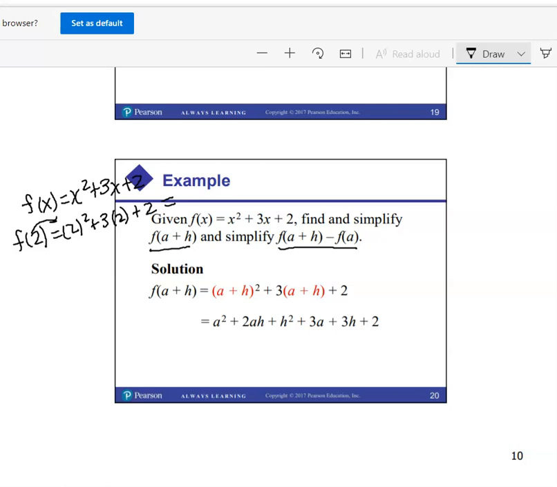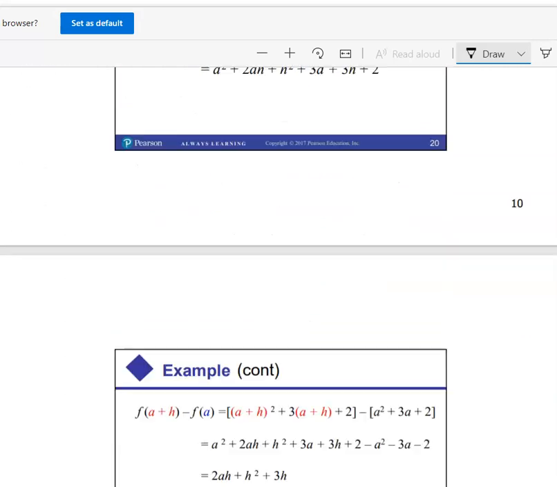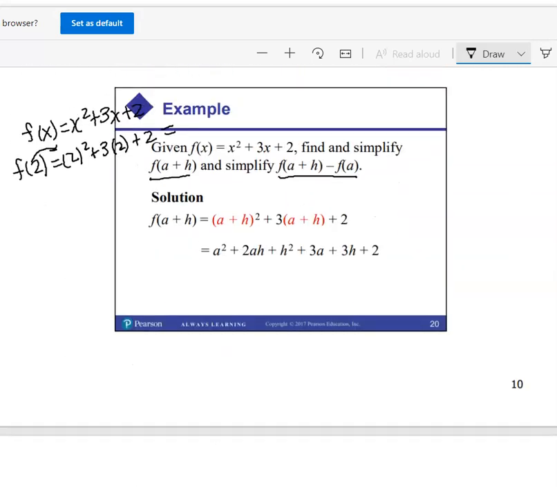I'm going to scoot down here just so I have a little bit more room. When we work this problem, if we have f of a plus h, and we're trying to figure out what x squared plus 3x plus 2 is, instead of the x's I put a blank, then squared, plus 3 times a blank, and then plus 2.